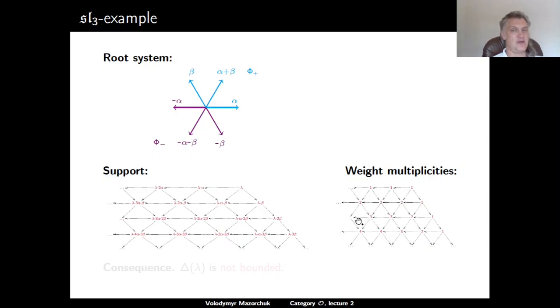Then the third line will have all weight multiplicities equal to 3, because 2α + β is either 2 times α plus β, or α plus β plus α plus β, or 2 times α plus 2 times β. So we will have multiplicity 3 here, multiplicity 4 next, and so on. In particular, we see that Verma modules over sl3 are not bounded. There is no uniform bound on the dimension of the weight spaces, but all weight spaces are finite dimensional.